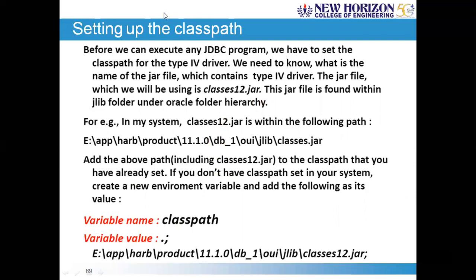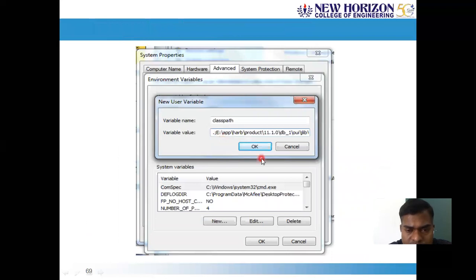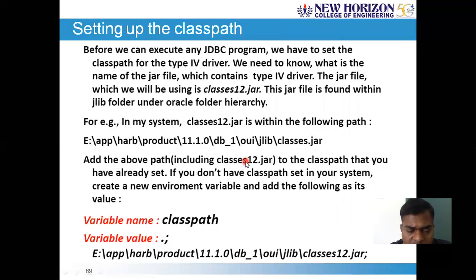In recent Eclipse versions, there will be a jar file for all the library classes that are used for interaction with JDBC. So that can be the class path that we have to set here. So the class path variable you have to change if applicable.